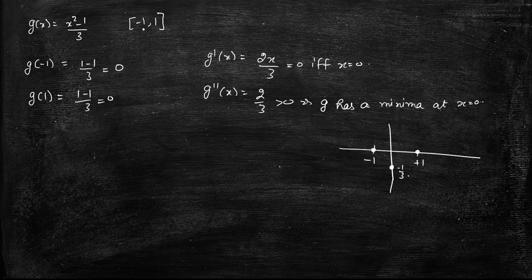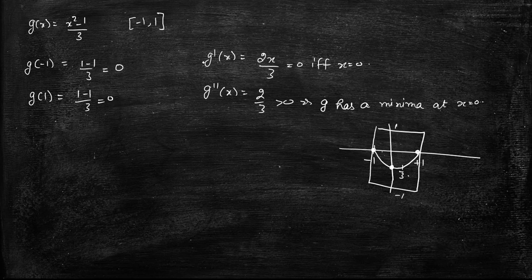So our a was minus 1 and b was 1, and this region will lie in the minus 1 to plus 1 square region. So here we have 1, here we have minus 1, and our graph will look something like this. So our graph of g belongs to this square region, therefore g has a fixed point.